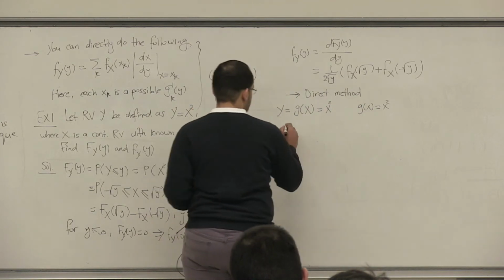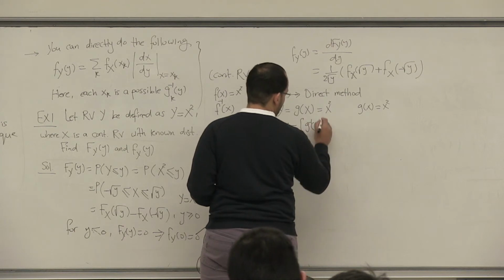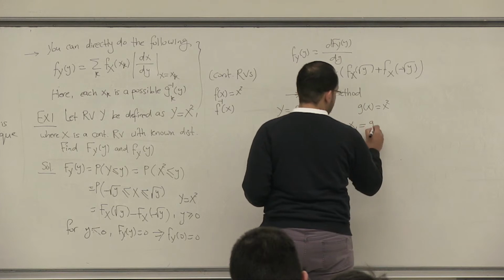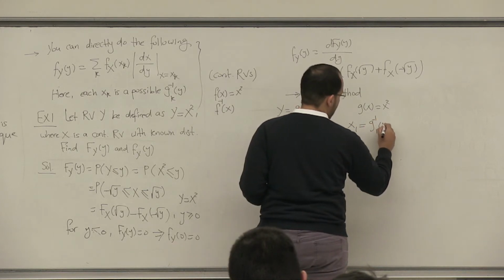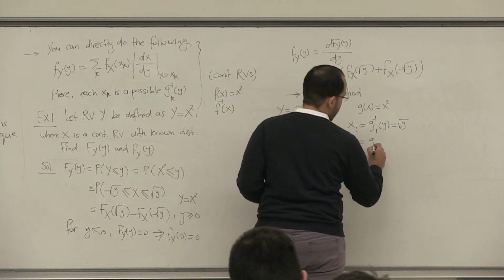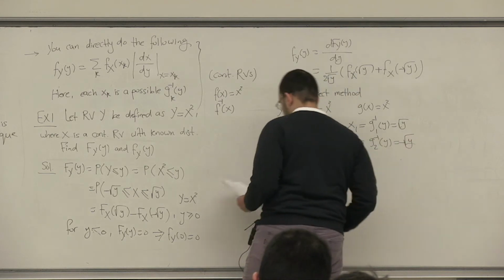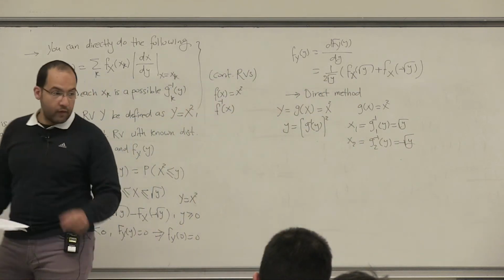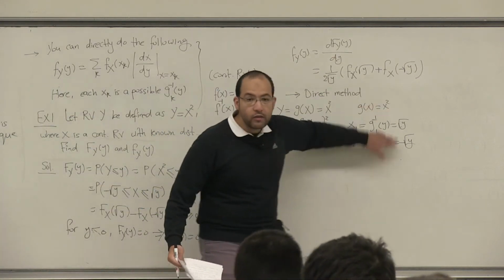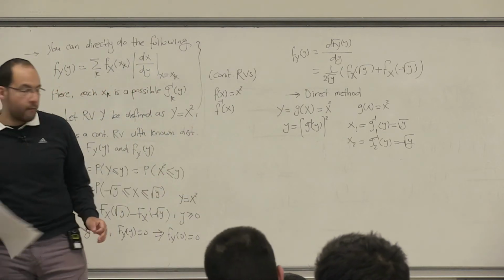So here you can write y equals g inverse of y overall squared, and thus you have x1 equals g1 inverse of y equals square root y, x2 equals g2 inverse of y equals minus square root y. Everybody's okay until now? These x's are possible inverse functions. As simple as that.